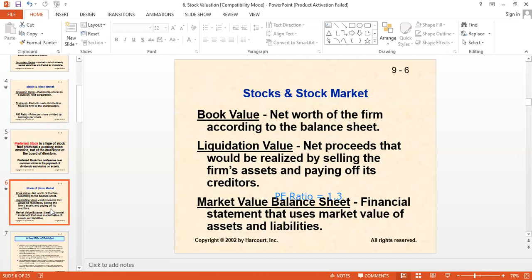Suppose you are a shareholder of Lucky Cement. Take the balance sheet of Lucky Cement and look at the footing of the balance sheet. By footing, I mean the last figure, the total assets figure of the balance sheet. Whatever that value is, that is the book value of an organization.